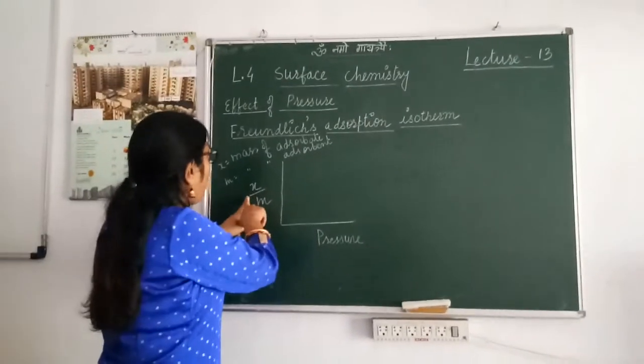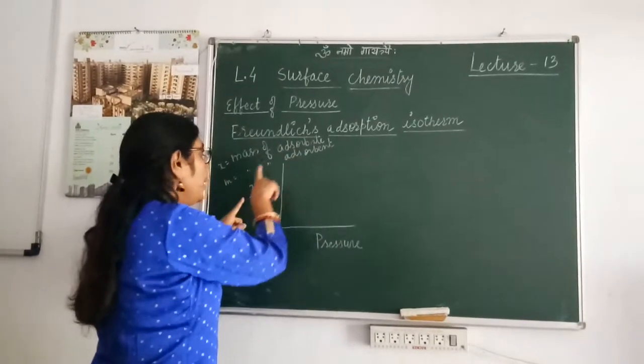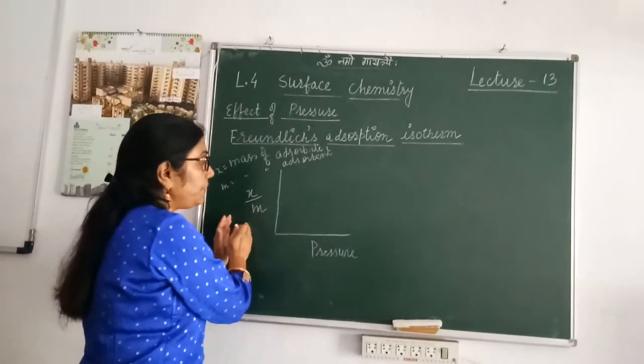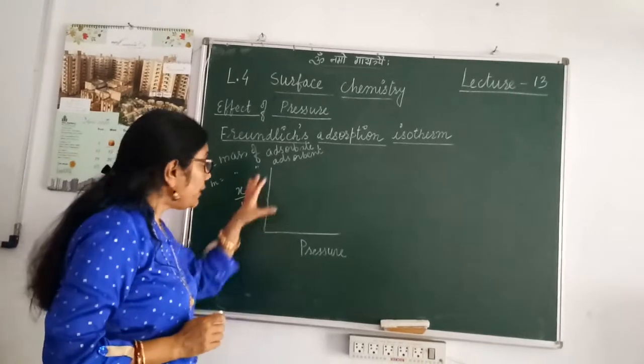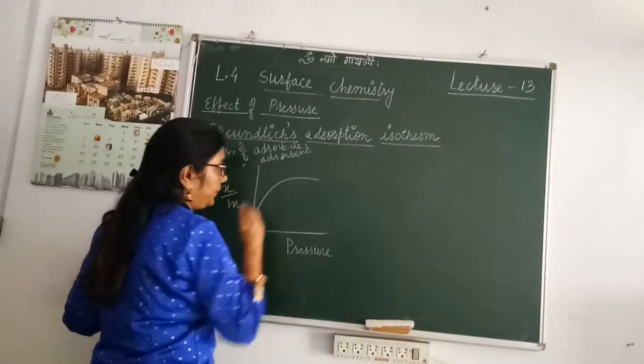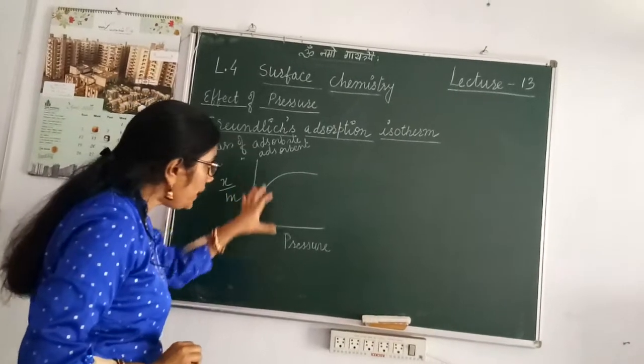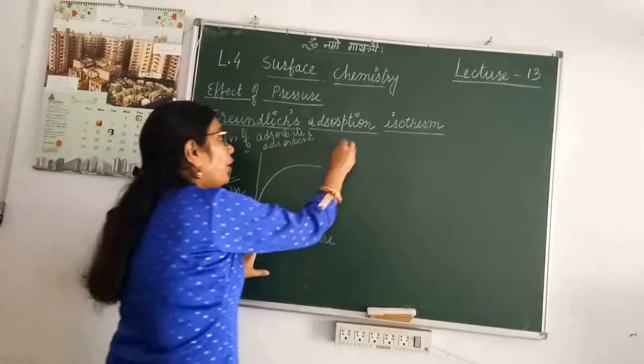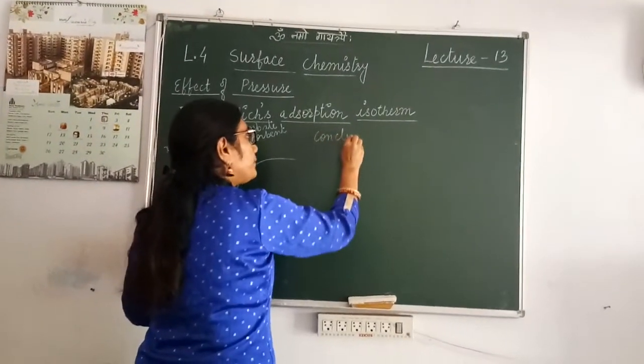So when the graph of the ratio of mass of adsorbate to mass of adsorbent versus pressure is plotted, the nature of the graph is like this. On the basis of this graph, what are the conclusions?